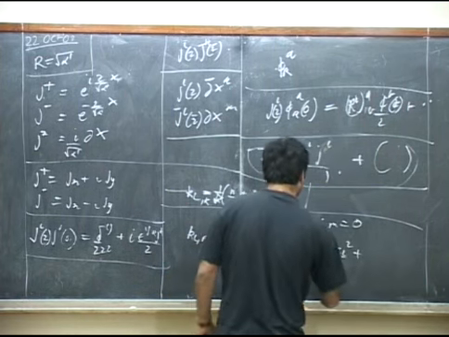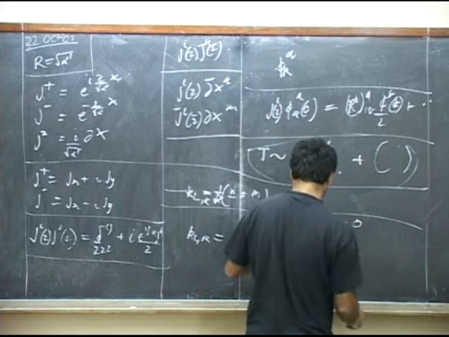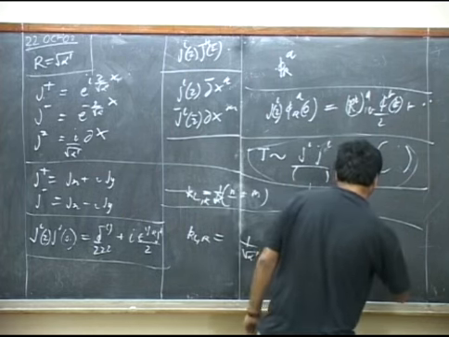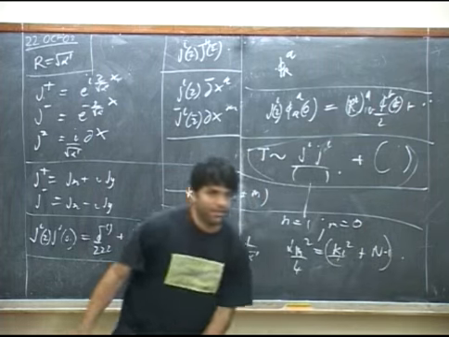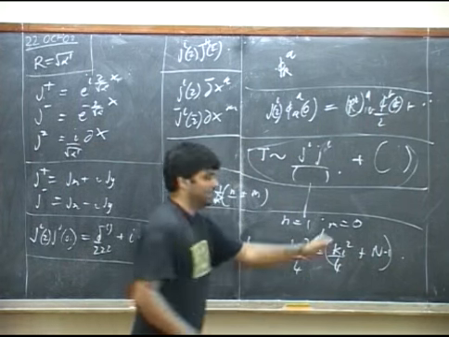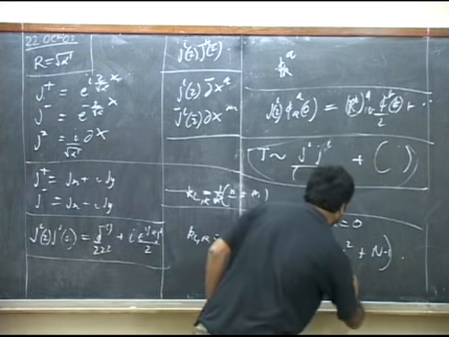Okay, let's write down mass squared. Alpha prime mass squared over 4 is equal to k_L squared plus 8, and let's put the normalization, 1 over 4, sorry. Again, similarly for k_R.